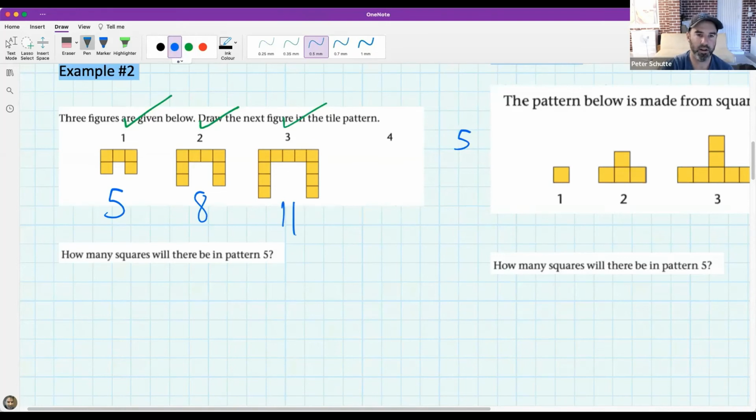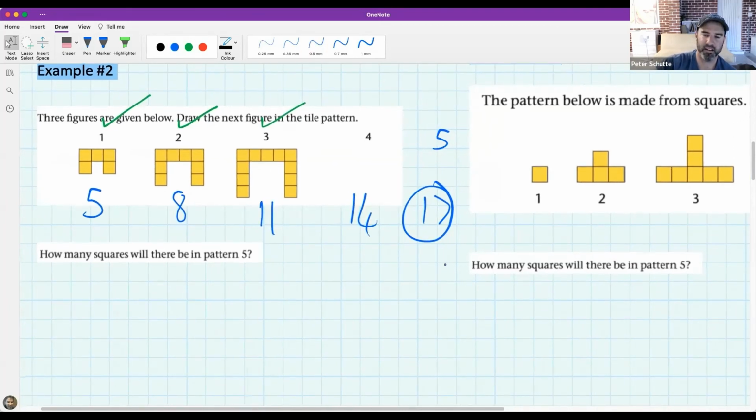And I want to know what is it going to be in figure 5. Okay, so you're quite right. So pattern 4 is going to be 14 and pattern 5 or figure 5 is going to be 17. So the correct answer is going to be figure 5 is 17.